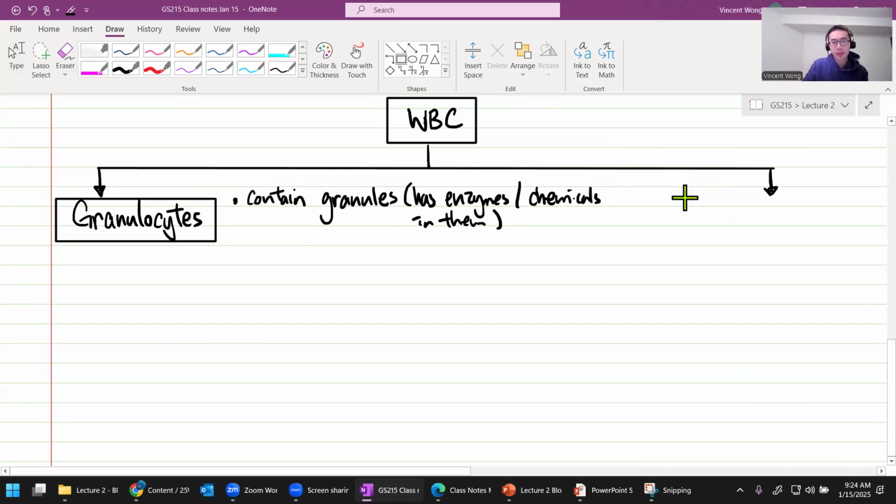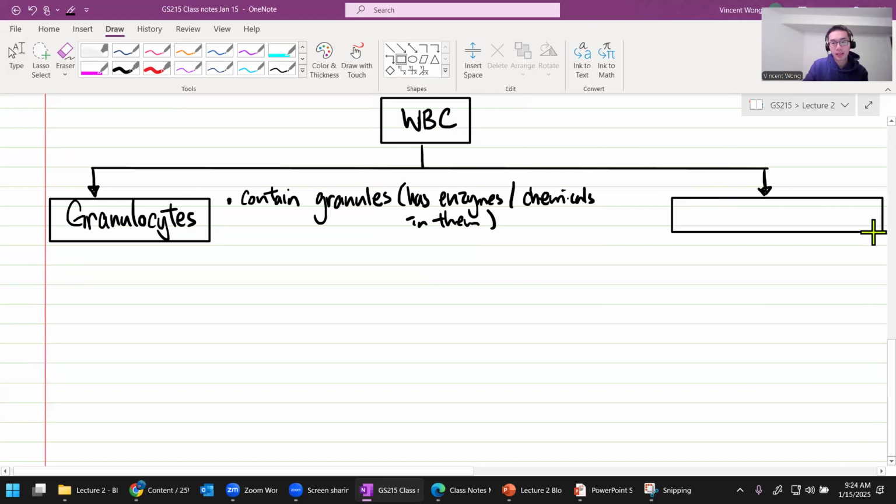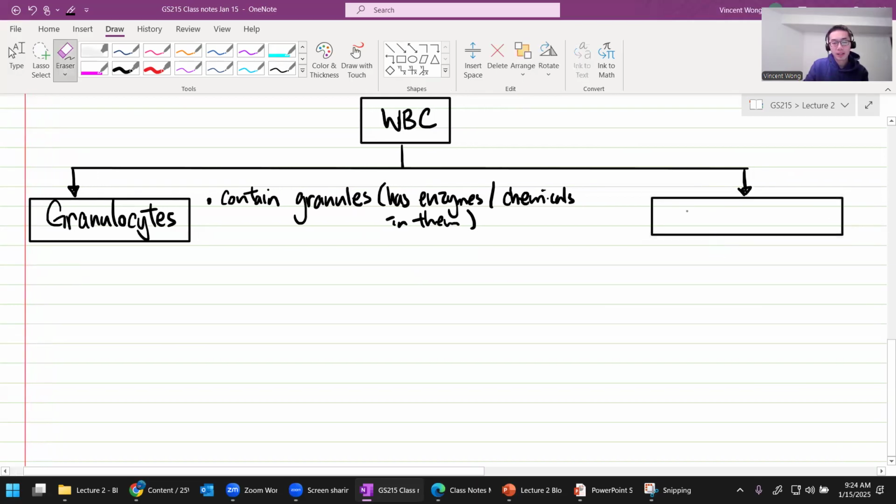You can probably guess it. You either have the granules or you don't. And when you don't have the granules, it's the exact same word with an extra letter at the front: agranulocytes.